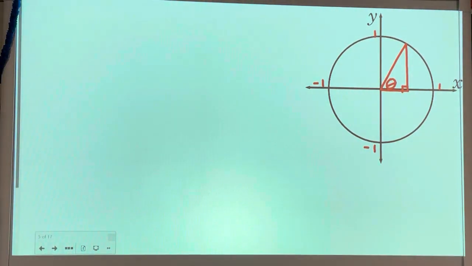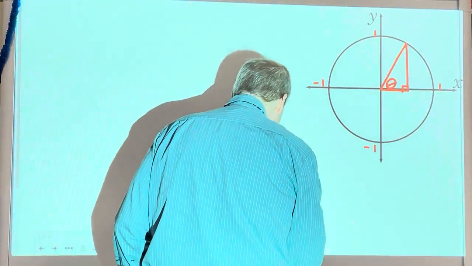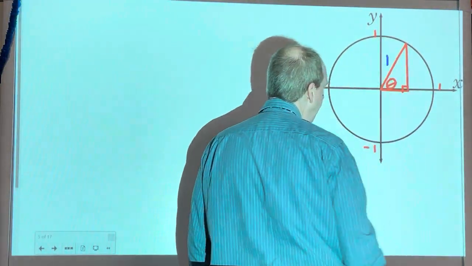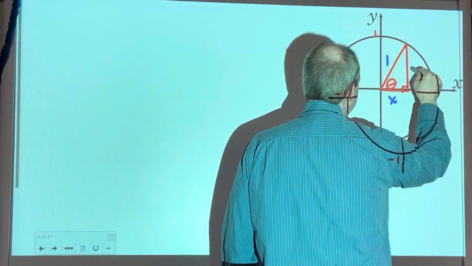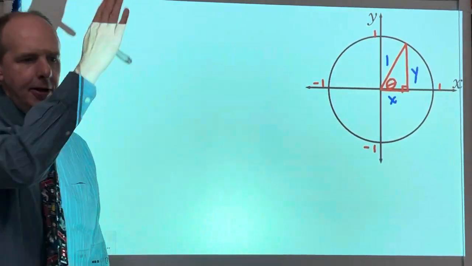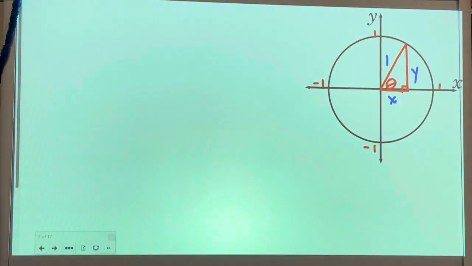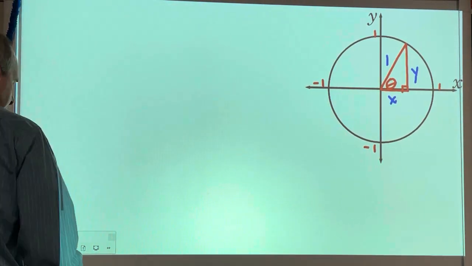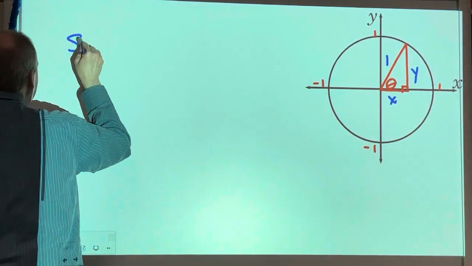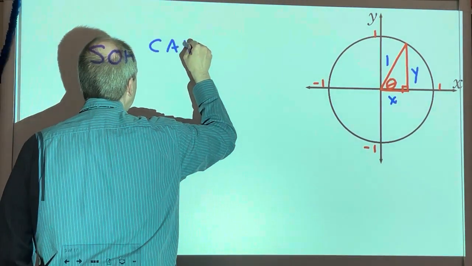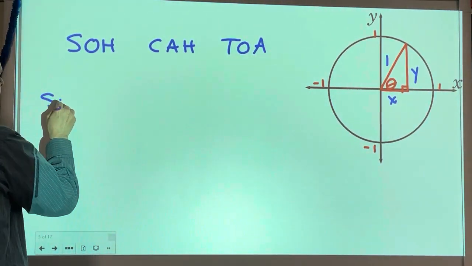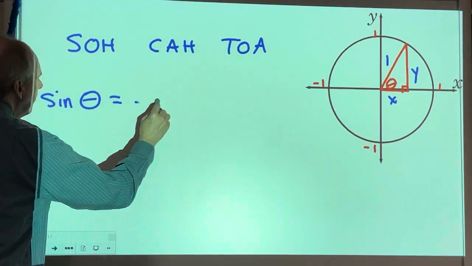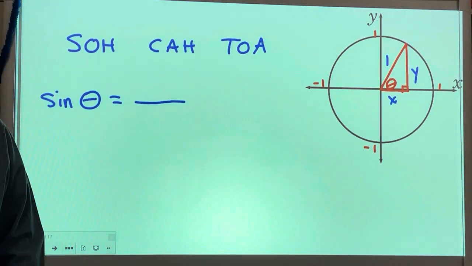So the hypotenuse is across from it. How big is the hypotenuse? Well, it's a radius, so therefore it should be equal to 1. This is my x, this is my y. Remember, x is this way, y is this way, just like on a coordinate plane. So if we were to define things like SOHCAHTOA using a right triangle, sine of my angle theta would equal opposite over hypotenuse.